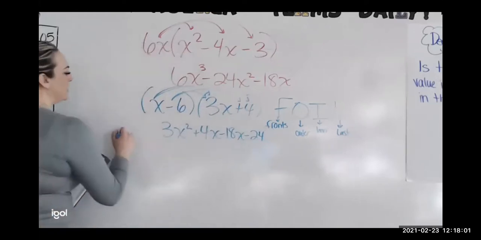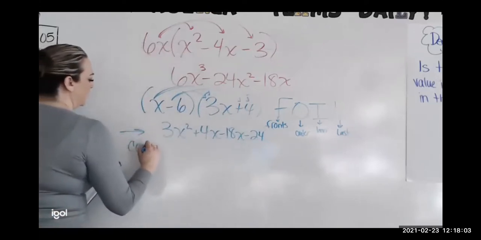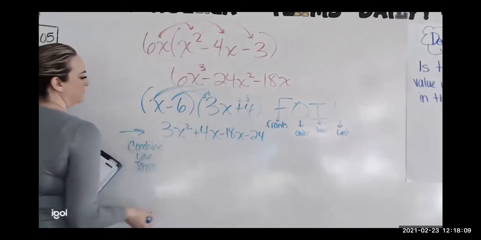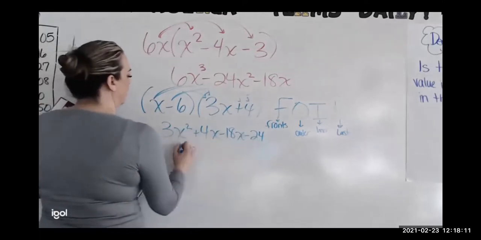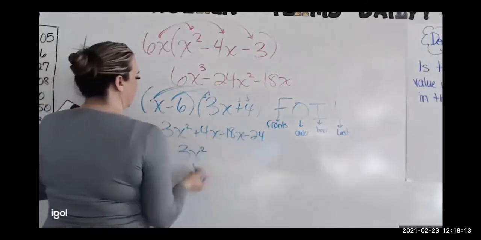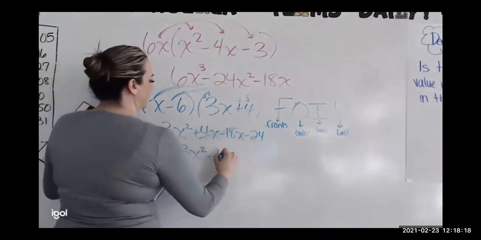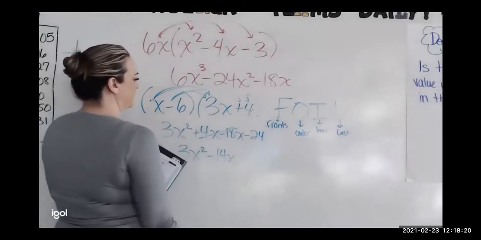Now we look to see if we can combine any like terms. There's no other x squared, so that stays the same. 4x minus 18x gives us negative 14x.